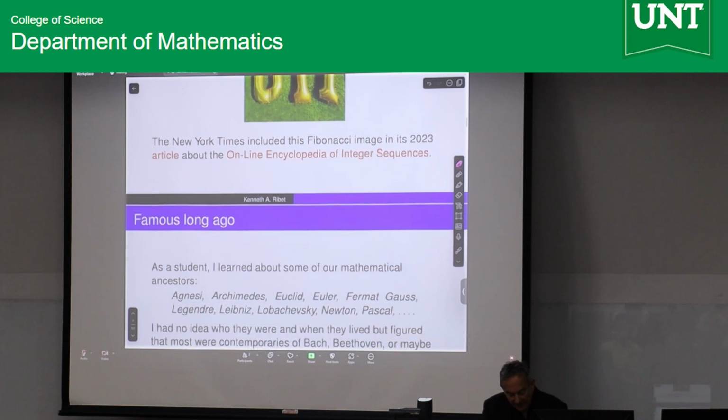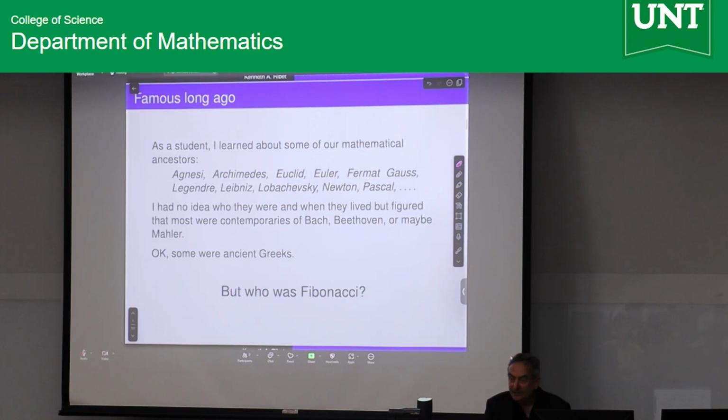And when I was a student, and even much beyond that, I kind of thought about the names of our mathematical ancestors: Gauss, Euclid, Euler, Fermat. So I listed some of them here. And the basic thing is that I had only the vaguest idea of who they actually were as people and when they lived.